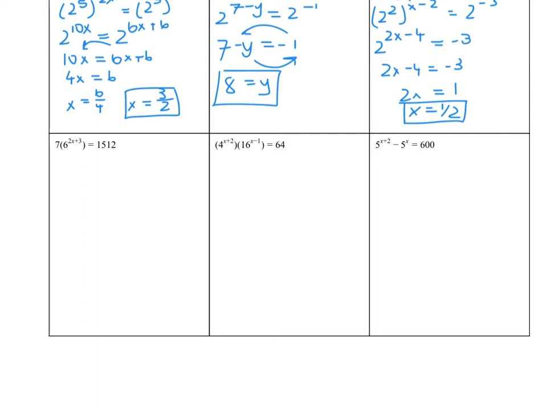So I'm going to divide both sides by 7 first to get rid of that 7 so that I have 6 to the power of 2x plus 3 equals 216. And now back to the same thing. Let's turn 216 into a base of 6 and then set your exponents equal to each other. So why don't you go ahead and pause the video, finish this question off on your own, and then come back to check your answer.